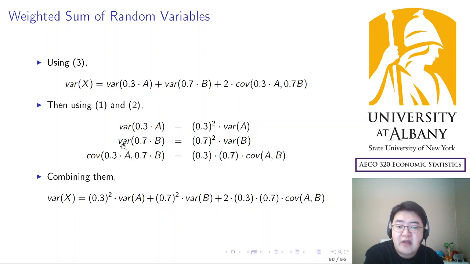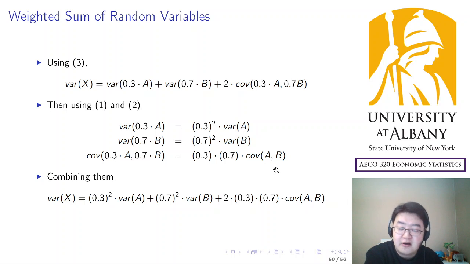Similarly, the variance of 0.7B is 0.7 squared times the variance of B. And the covariance between 0.3A and 0.7B equals 0.3 times 0.7 times the original covariance.